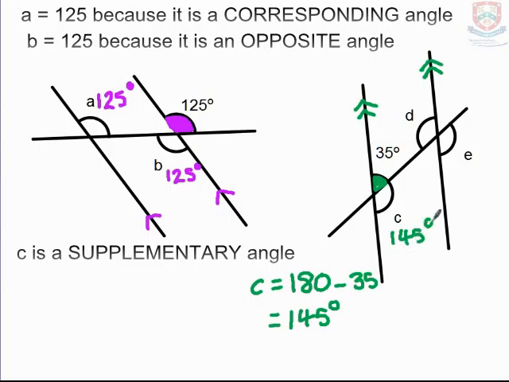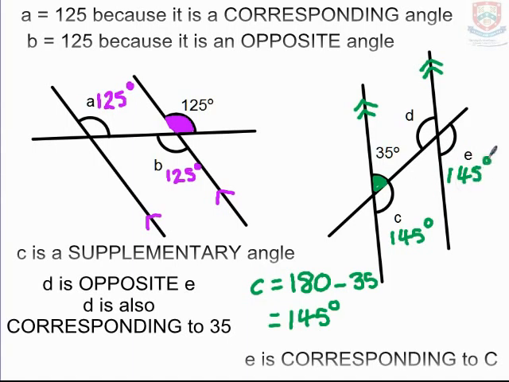And we can prove that by saying it is supplementary. From this, we can see that E is corresponding to C, so that's also 145 degrees, and D is opposite E, so D is also 145 degrees.